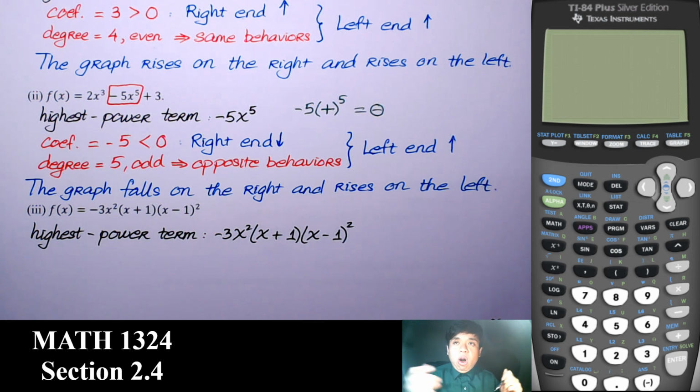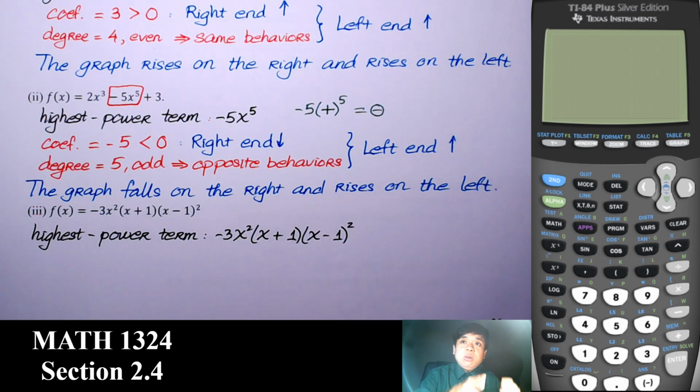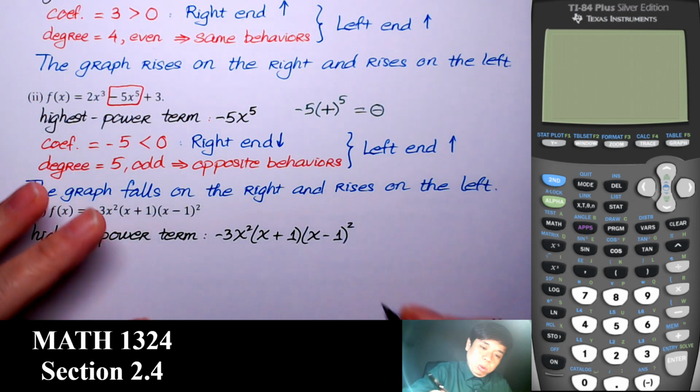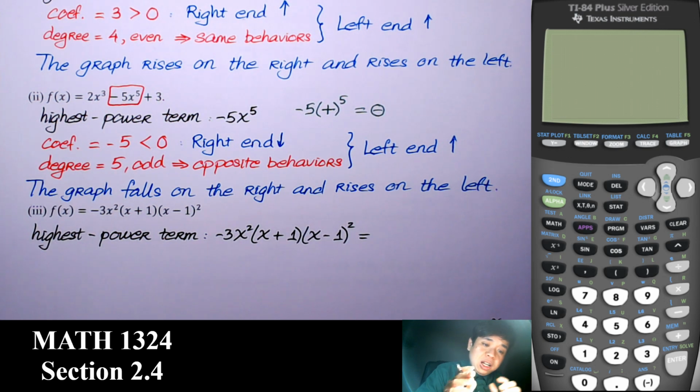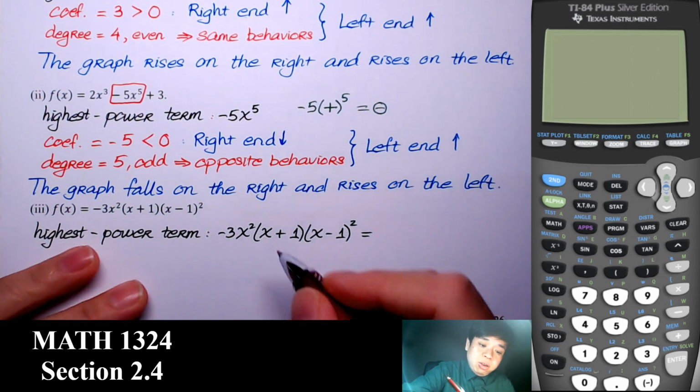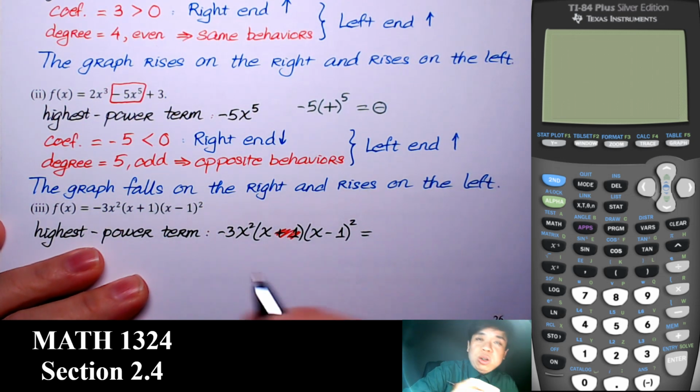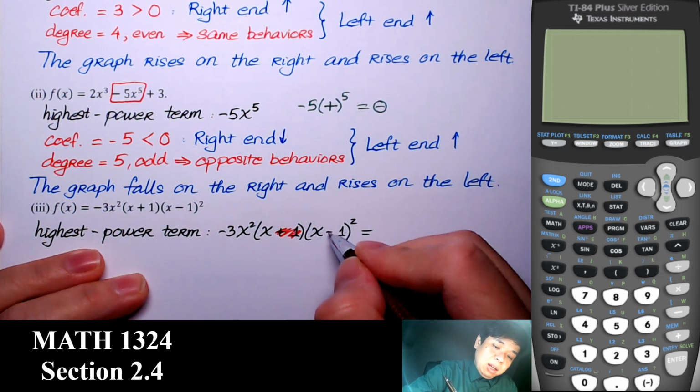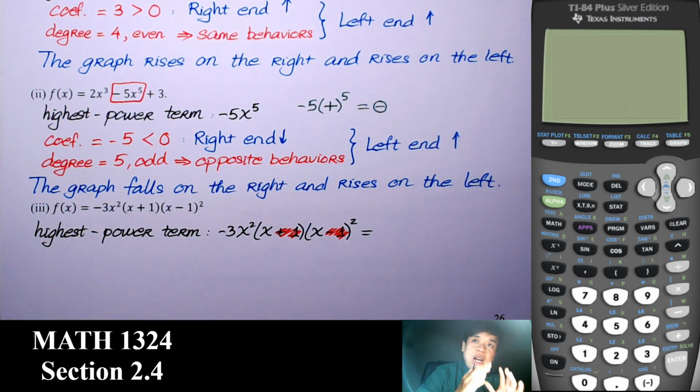Of course the long way is to multiply this out and take the highest power term, but we probably don't want to multiply that out, so let's try to do it without that. So what I do is take the term that has the highest power. For each factor, x plus 1, we take the highest power of that. So we just keep the x, ignore the plus 1. Same thing here, ignore this. Now we have the highest power for each factor, and we just need to multiply all of those.